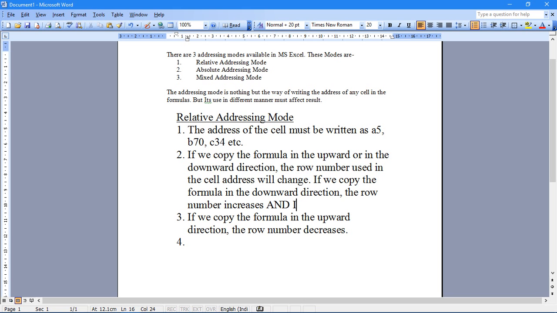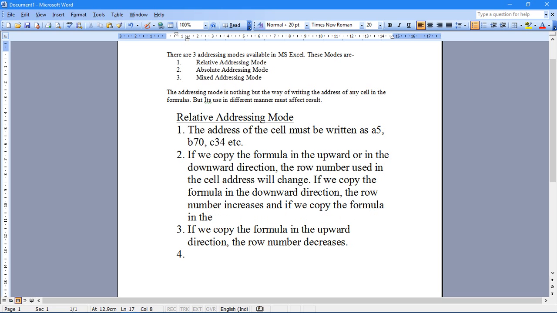And if we copy the formula in the upward direction, the row number decreases.